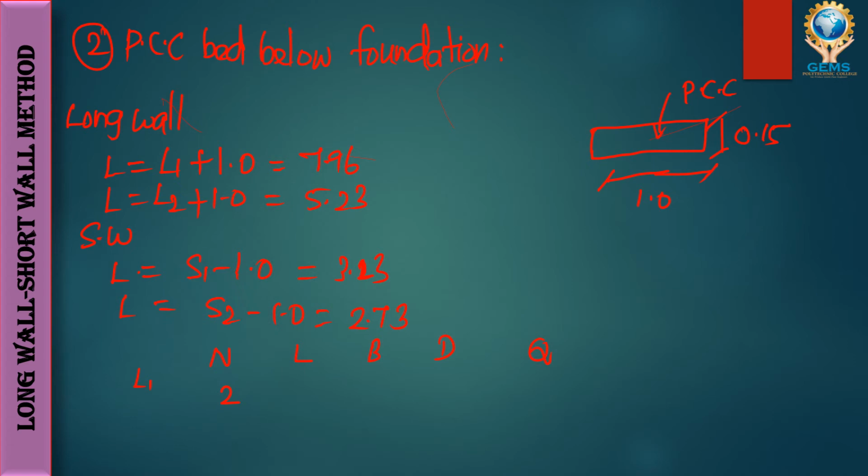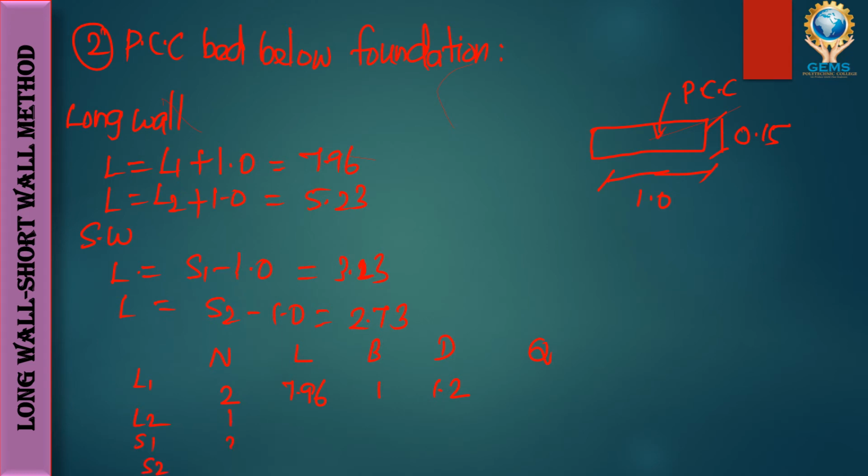For the short wall, S1 has three sides and S2 has two sides, so based on that we put the values. The length we found is 7.96. The breadth will be 1 for everything, and the depth will be 1.2. The same thing for L2, S1 and S2.